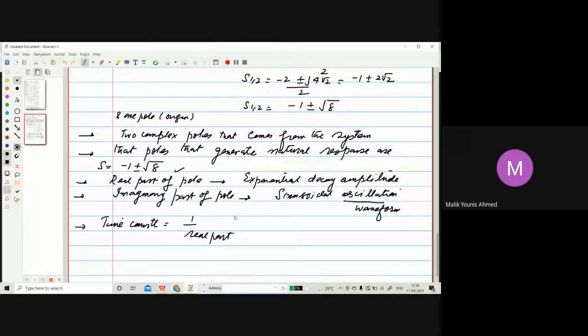I want to include one point here, that this sinusoidal frequency is sometimes given the name damped frequency of oscillations, or used synonymously as damped frequency.